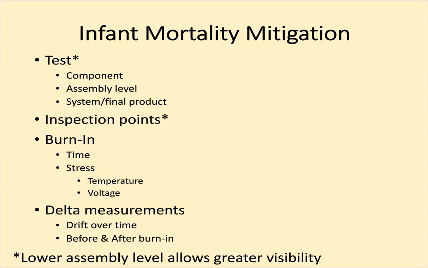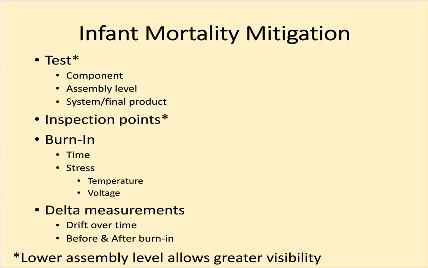So another important tool that can be used by the manufacturer is burn-in. And burn-in is essentially operation of a product for a given period of time. And frequently it's stressed with perhaps a higher temperature than it would normally see, or a higher voltage than it might see.